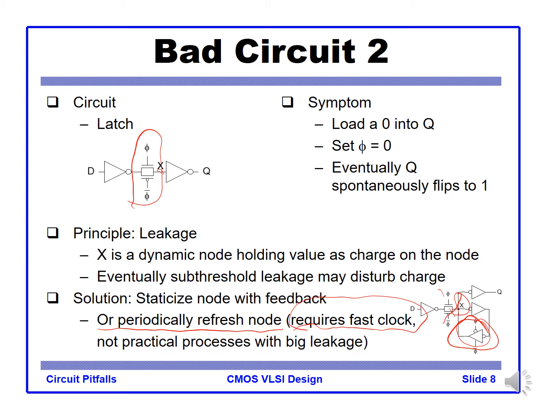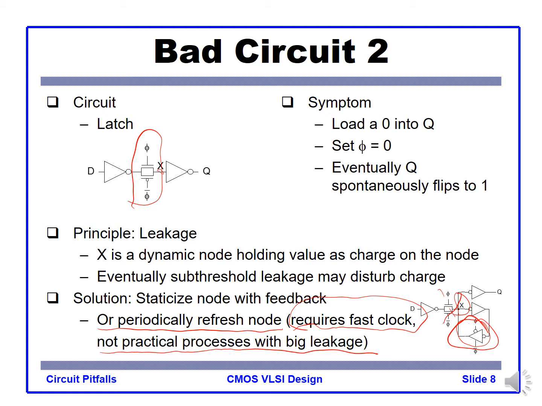But this may not be the ultimate solution with a very large leakage, or there's a kind of ambiguity. How fast is fast, right? Even though you make the clock faster, sometimes when you want to test the circuit, you want to minimize the test cost.